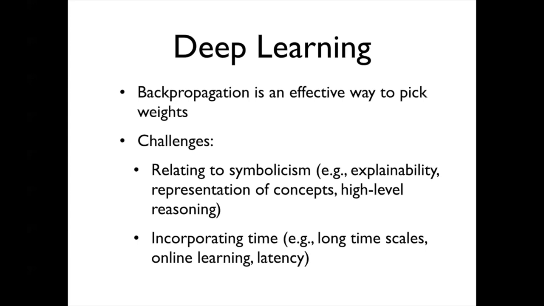And another one is one that I've already kind of raised, which is incorporating time. So I sort of gave dynamicist type arguments for why time is important for understanding the mind. But even if we just take a kind of machine learning perspective, we'll notice that often some of these deep learning networks struggle a little bit with time.